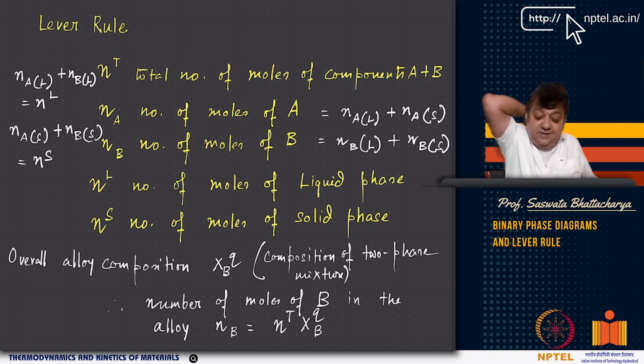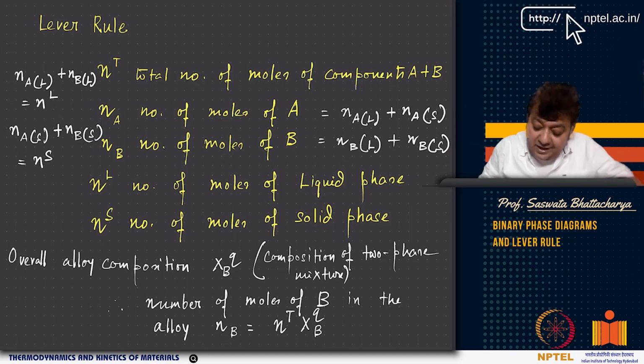Now, XBQ is the mole fraction of B, the overall alloy composition at temperature TQ. Then the number of moles of B is equal to the total number of moles times XBQ.